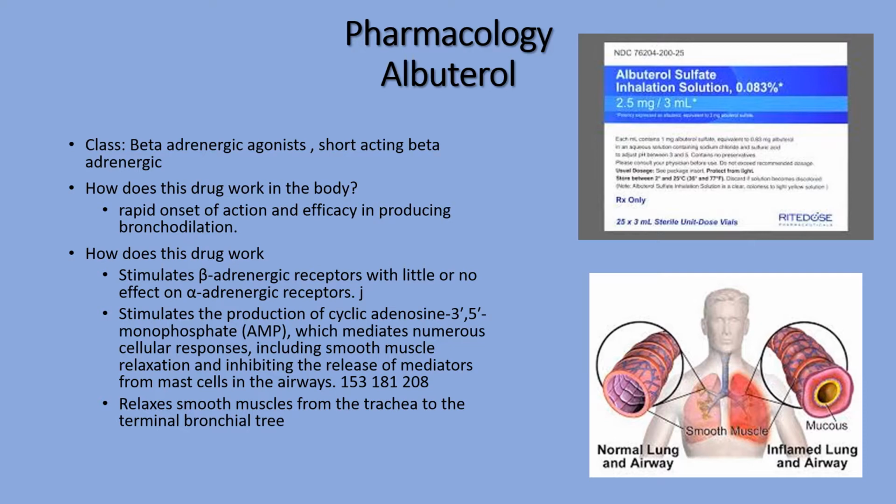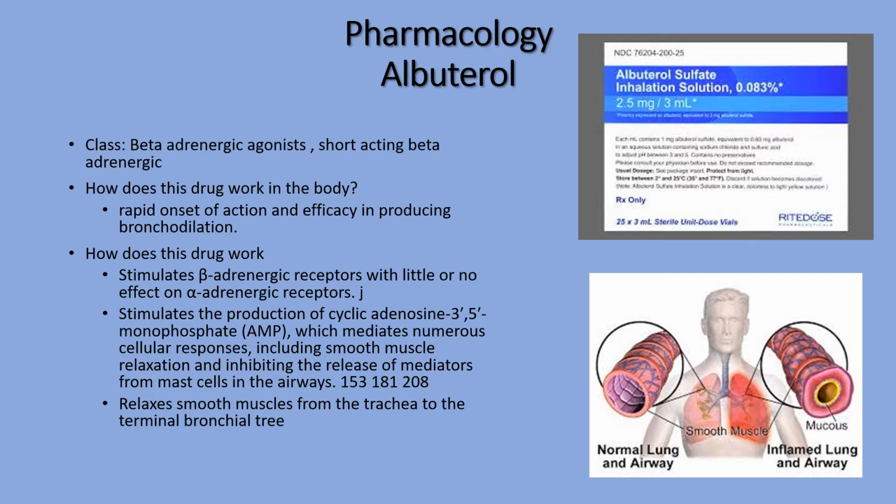Albuterol is a selective beta-2 adrenergic agonist, meaning that it stimulates the beta adrenergic receptors, and what happens is that it stimulates the production of cAMP, which mediates numerous cellular responses.